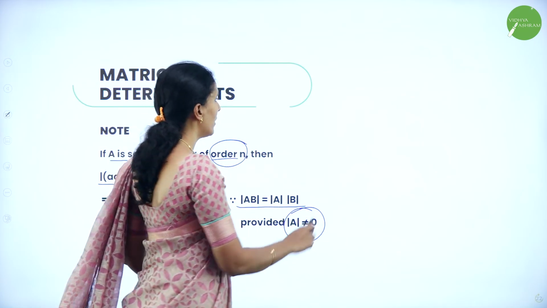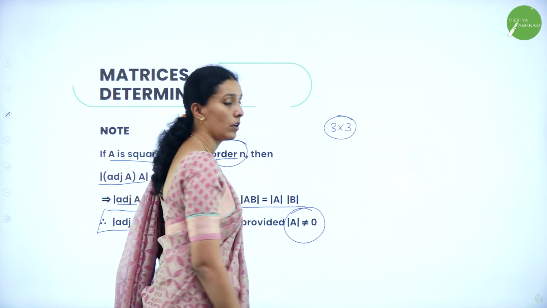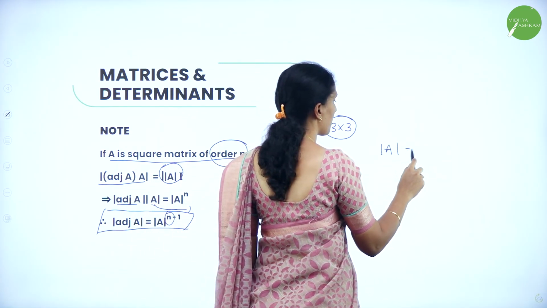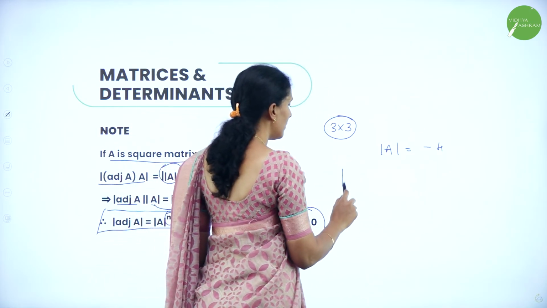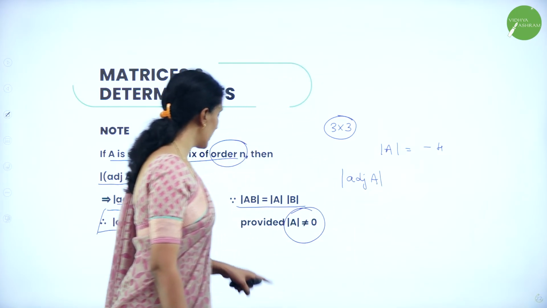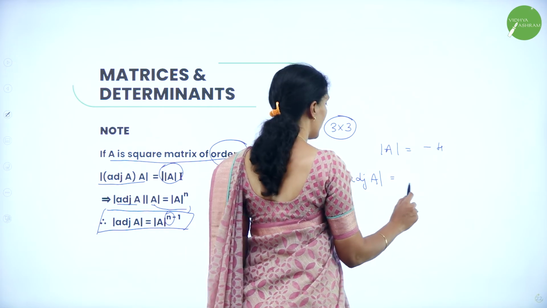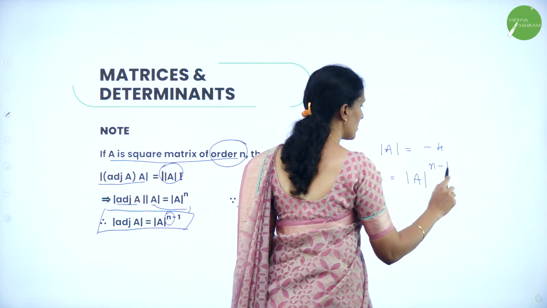Suppose you have a 3 cross 3 matrix and the determinant value is minus 4. Then what is the determinant of the adjoint A? So using this relation, the determinant of adjoint A can be written as determinant A to the power n minus 1.